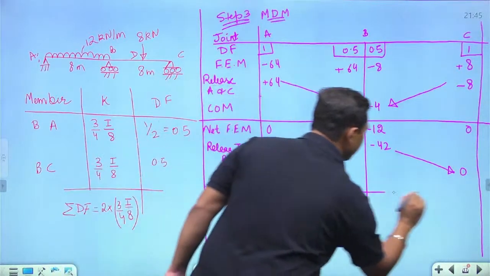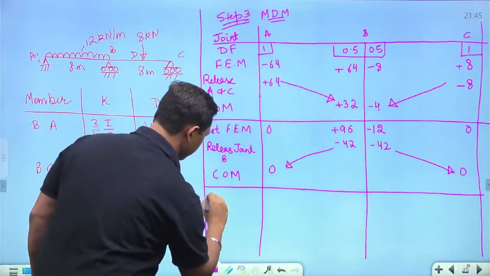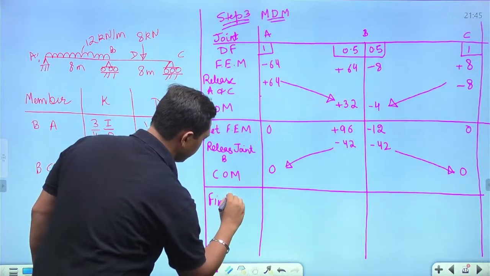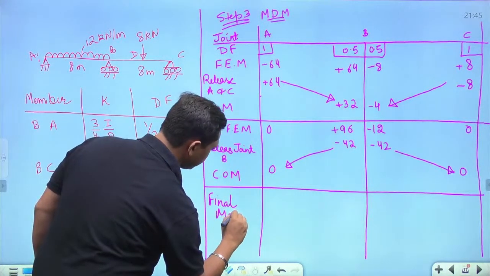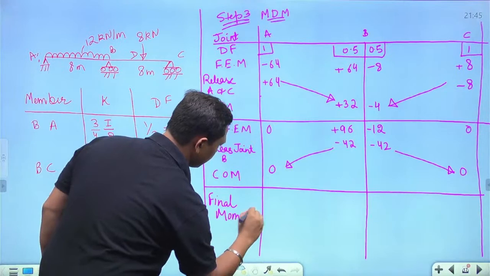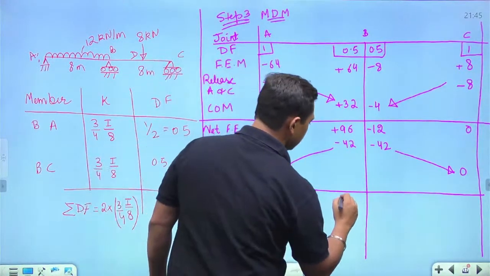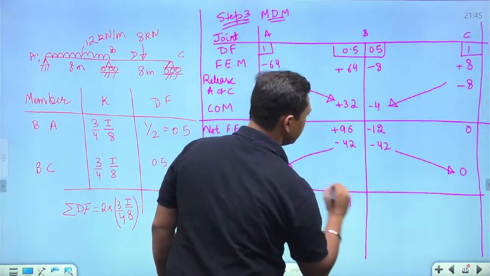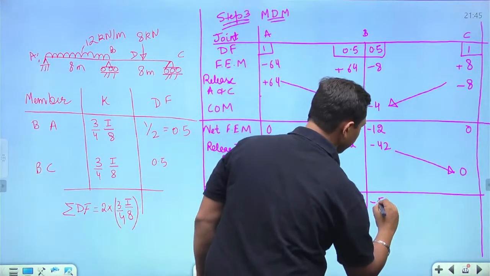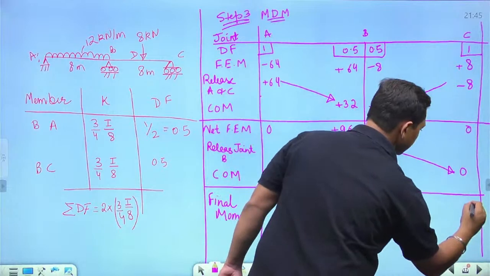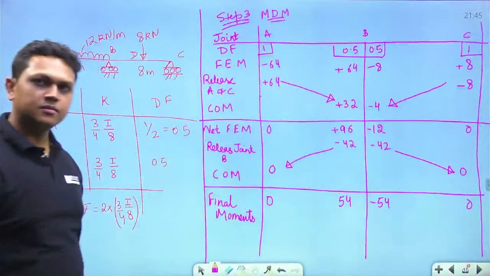So the final moments will be equal to 0. This will become 54. Again minus 54 and 0. Clear everyone?